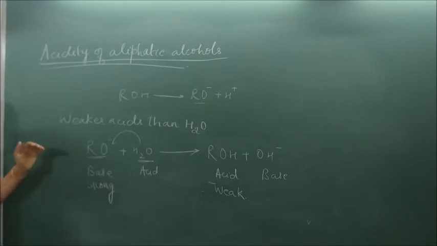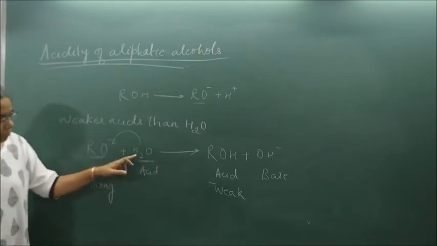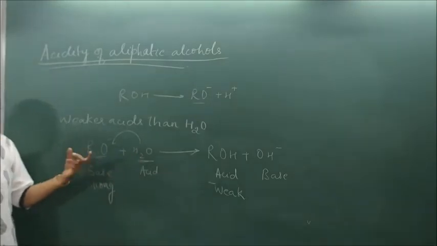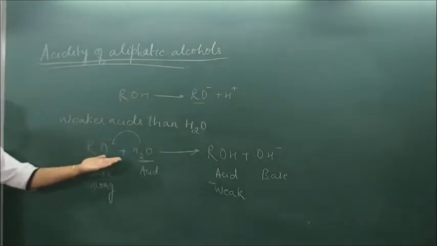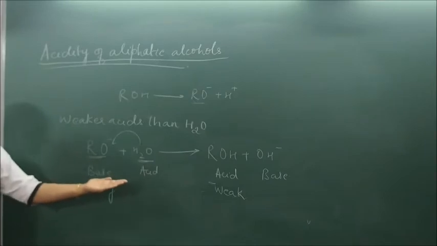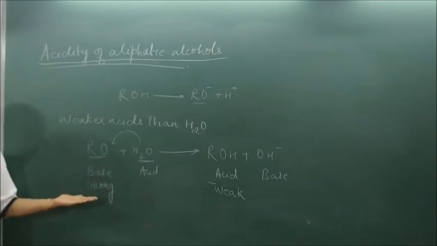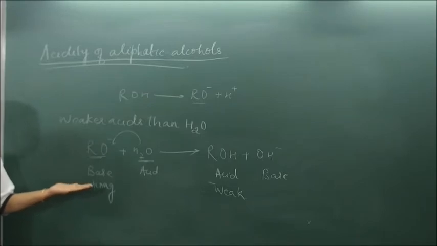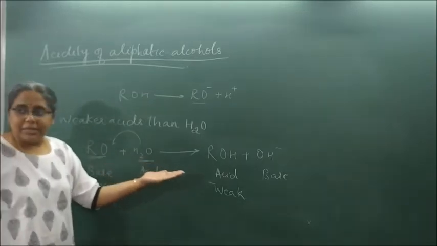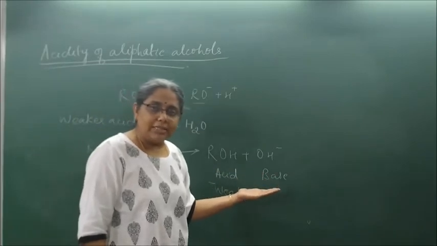Understood how we did it? We reacted the alkoxide ion with water and found that this alkoxide ion easily accepts the proton given by the acid. So this alkoxide ion is very strong. If the alkoxide ion is a strong base, its conjugate acid is weak.